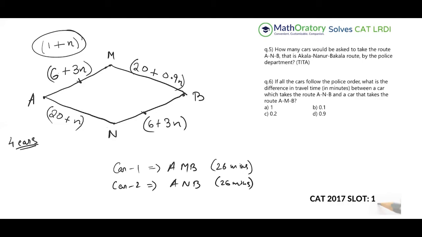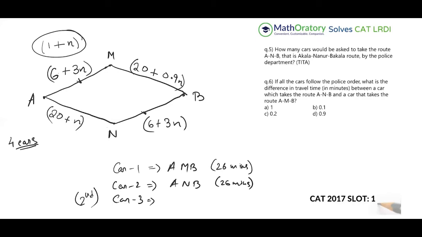Great. Now, what about car three? If you consider car three, this is something we have to understand. Whichever route car three takes, whether A and B or A and B, it will be the second car in that route. And as soon as we hit n, this 1 plus n as something more than one, so essentially two cars are going.